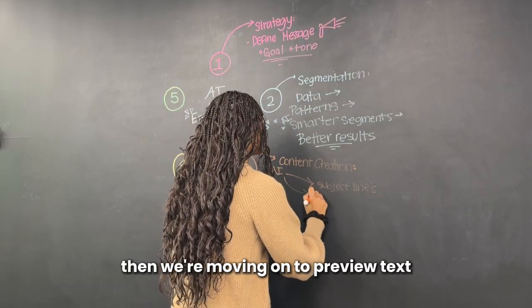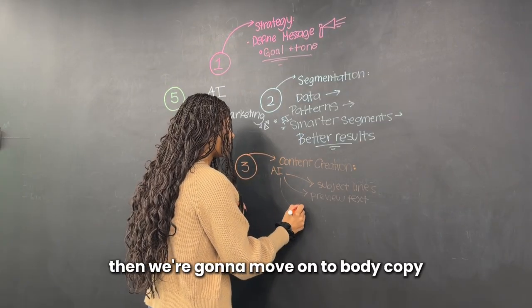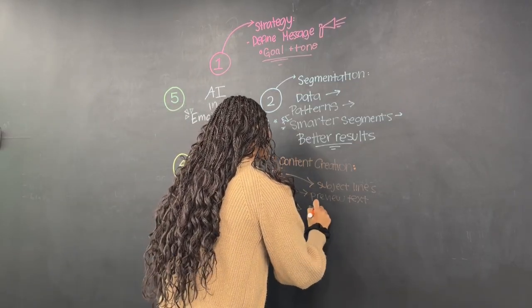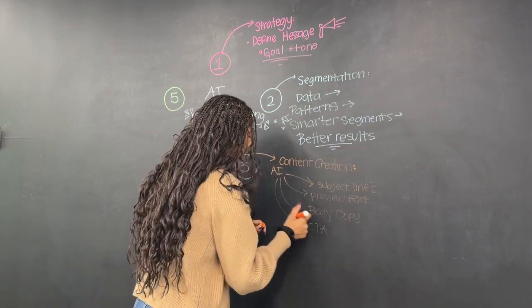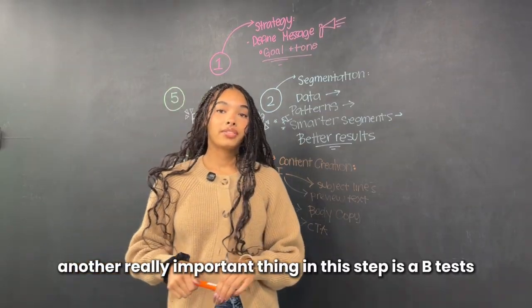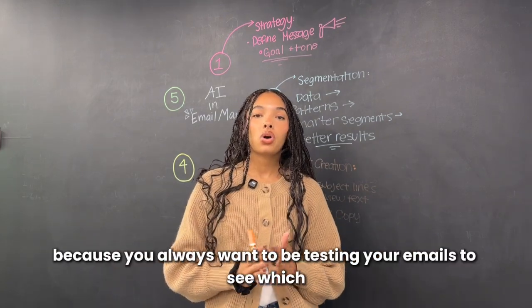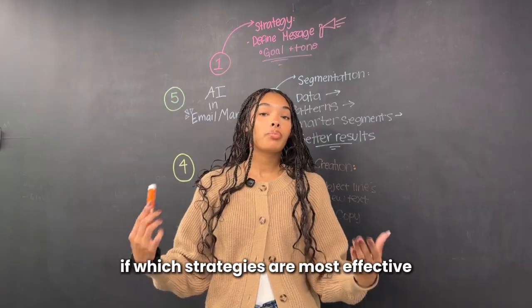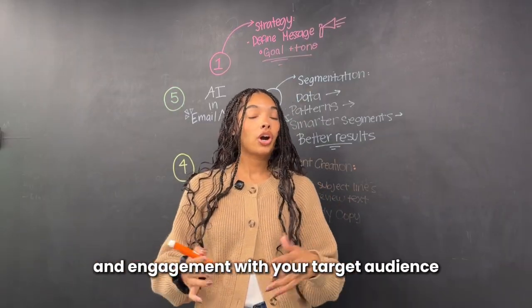Then we're moving on to preview text. Then we're going to move on to body copy and CTAs. Another really important thing in this step is A/B tests. And so these are really important because you always want to be testing your emails to see which strategies are most effective and are driving the most clicks and engagement with your target audience.